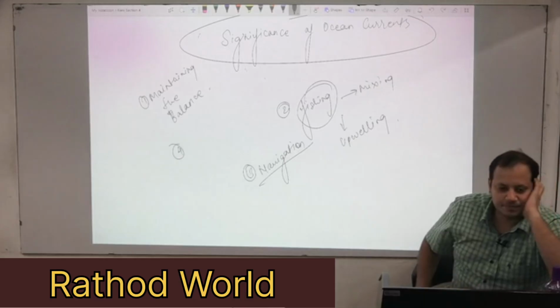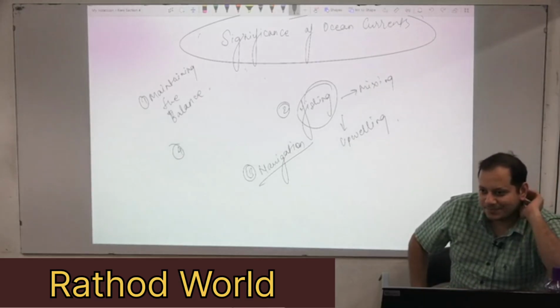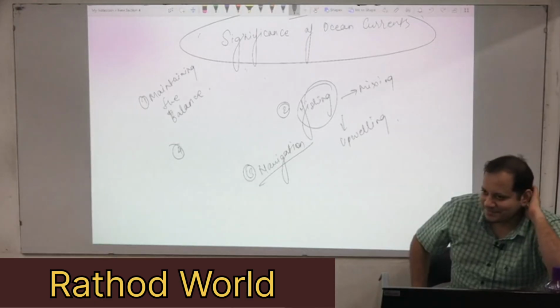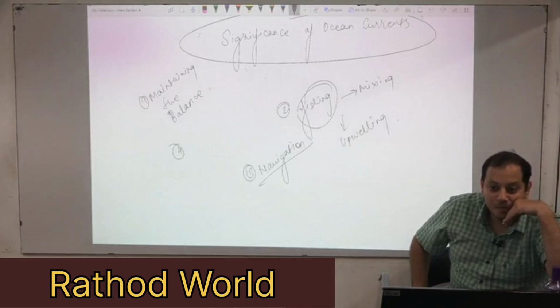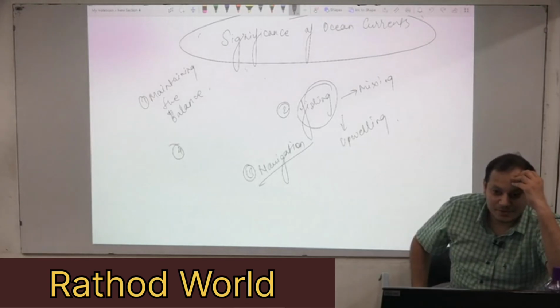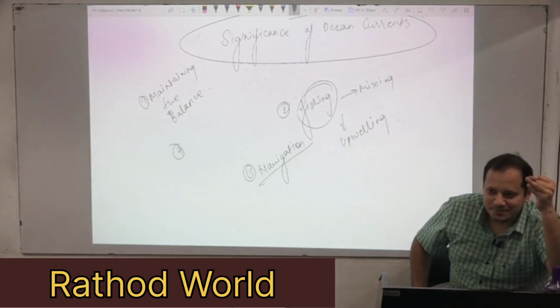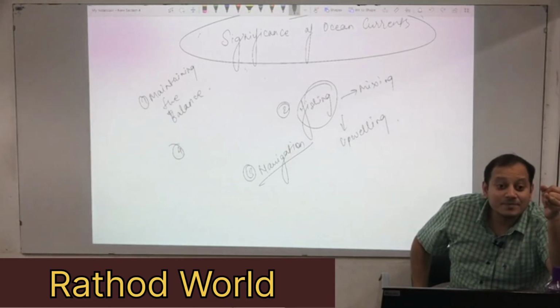Fourth, prediction. How will you do? Fourth importance of ocean currents, fishing is done. How?